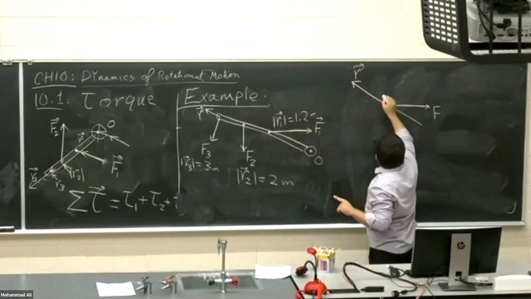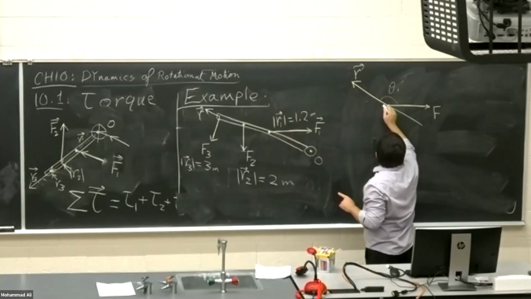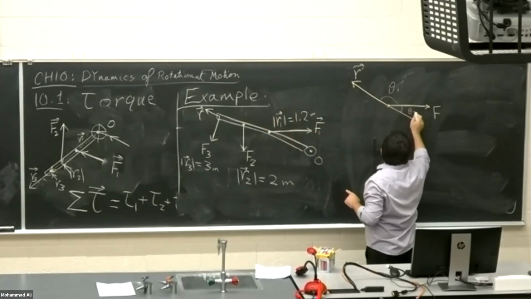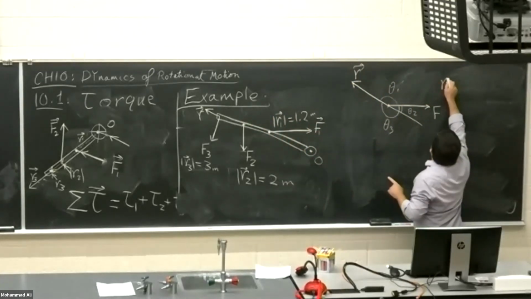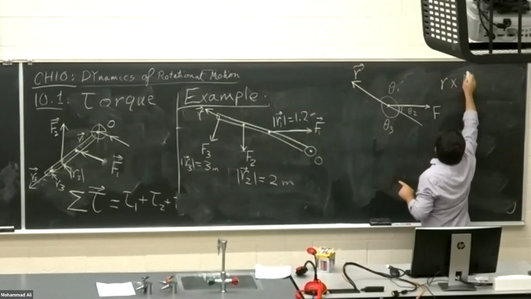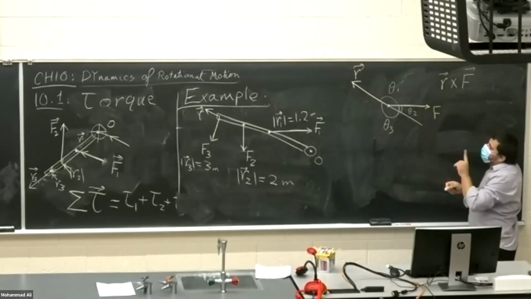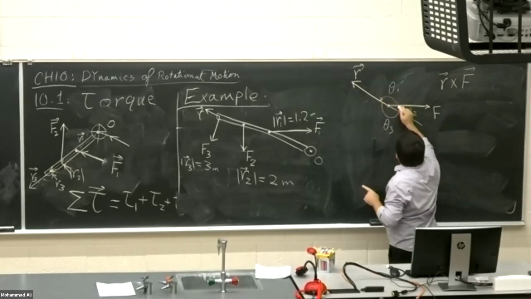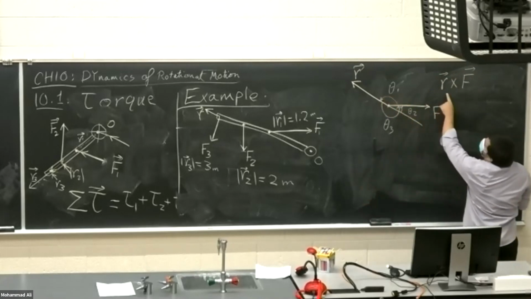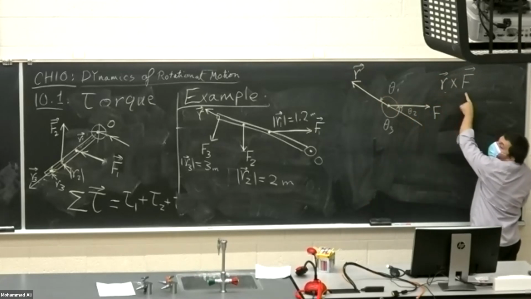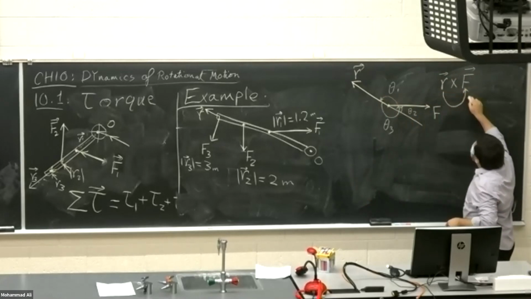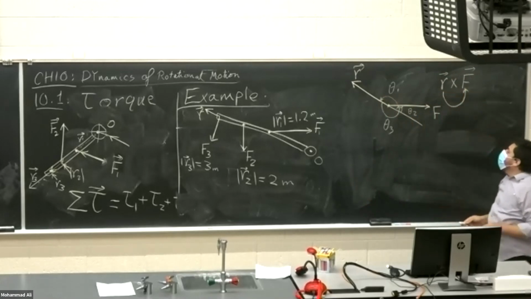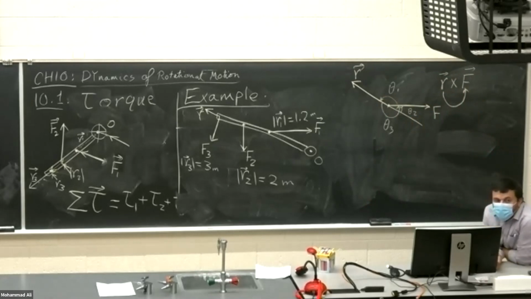Is it theta 1, or is it theta 2, or is it theta 3? I have the formula R cross F. So I need to measure the angle from the first vector to the final vector counterclockwise. So I will start from R, ending with F. So which theta do I need to use?